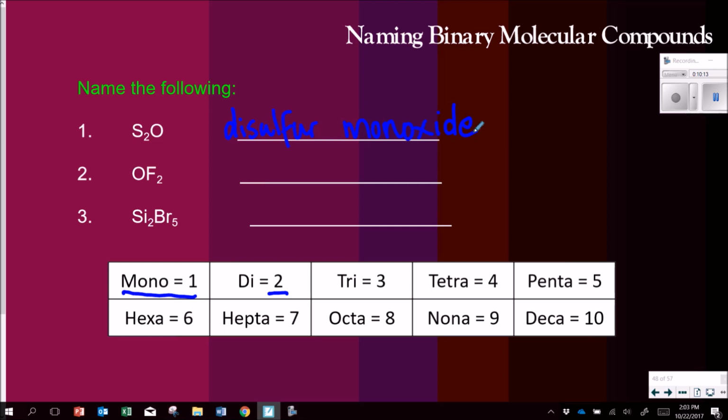Number 2, we have OF2. We have 1 oxygen, so we do not use mono on the first one, so just oxygen. And then we have F2. F is fluorine, so it becomes fluoride, and since we have 2 of them, we have difluoride.